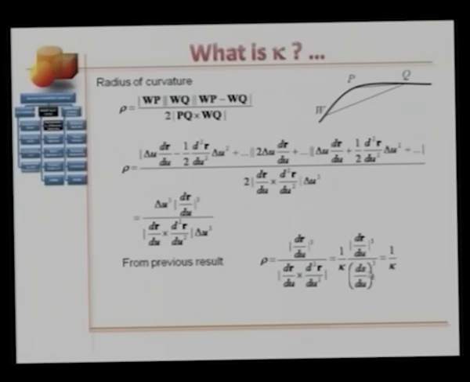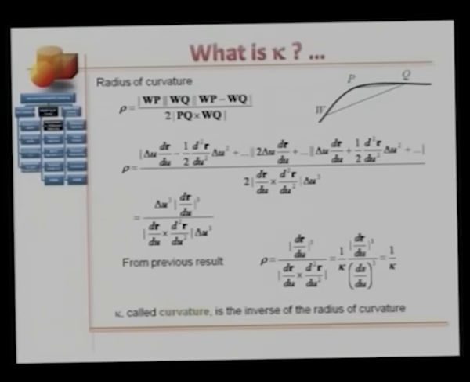Noting that mod of dr over du is the same as ds over du, the two terms get cancelled out, and so rho is equal to 1 over kappa.